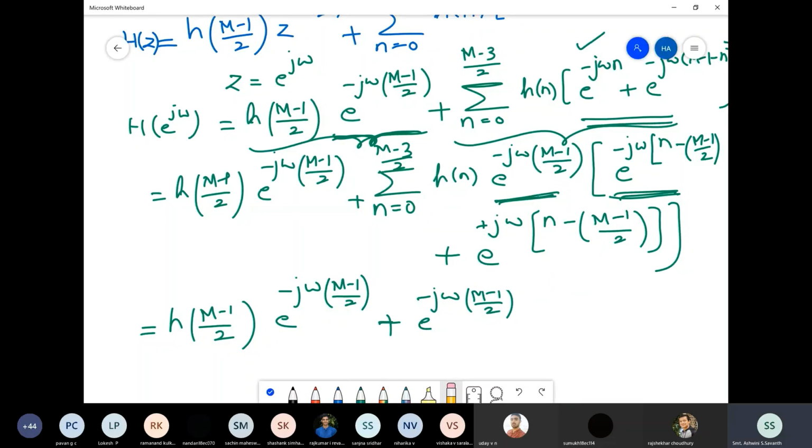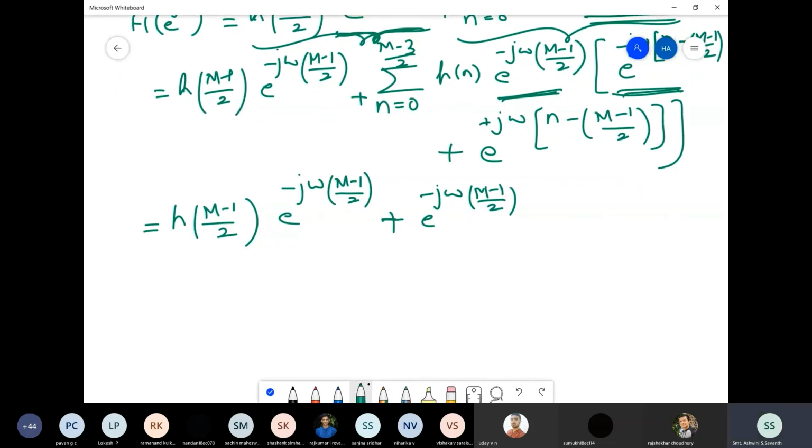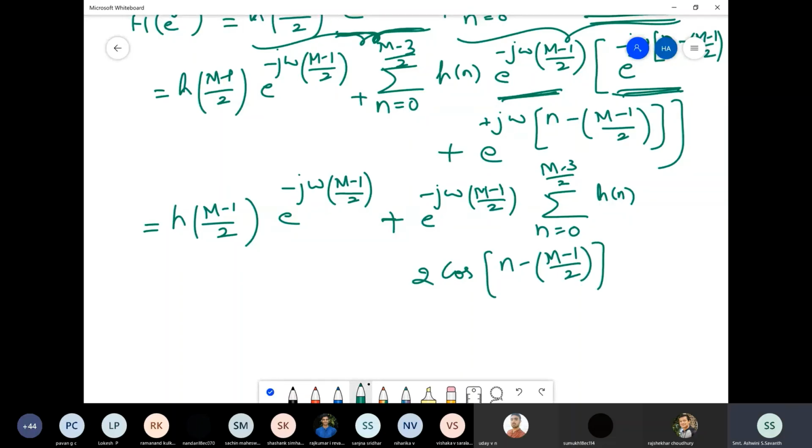So we can write it outside the summation. So what remains will be summation n equals 0 to m minus 3 by 2, h of n. So in the bracket, the term amounts to cos, right? So 2 cos of omega times n minus of m minus 1 by 2.